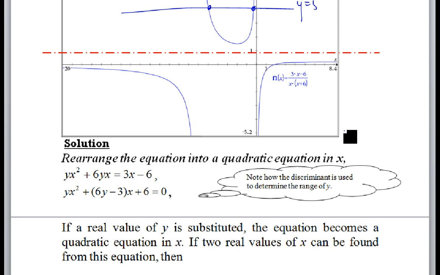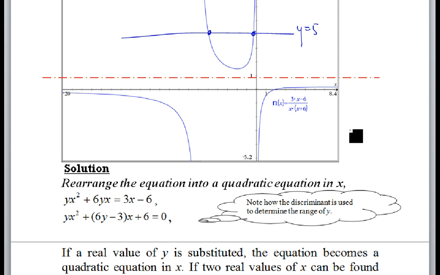Now, in order for me to have some intersection point, I must be able to solve this and have solutions in x. Am I right? In order for me to have some intersection point, I must be able to find an intersection point.